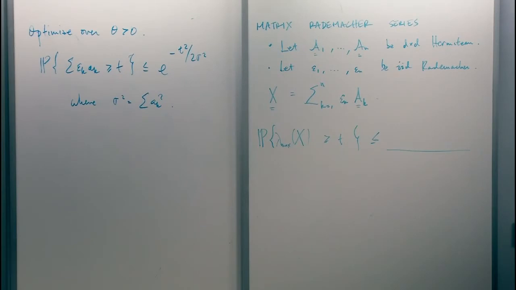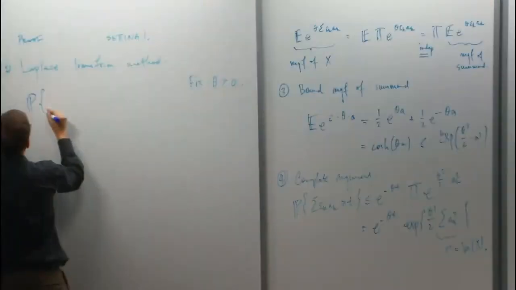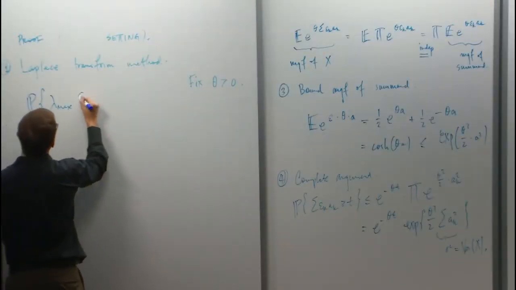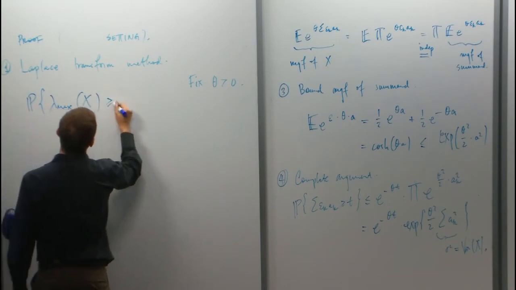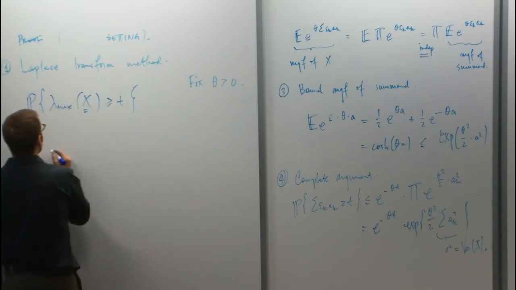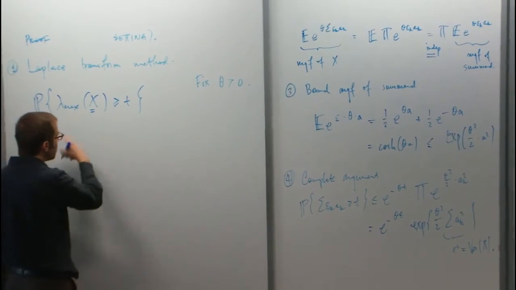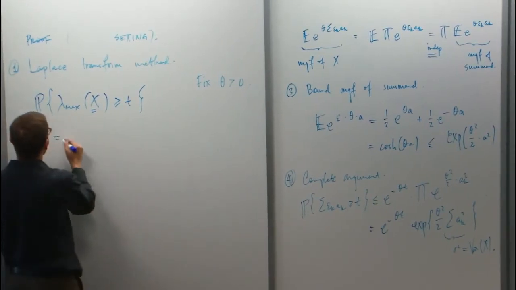So, proof by exponentiation. The probability that the maximum eigenvalue of this random matrix X exceeds t: let's multiply both sides by theta and exponentiate, just like we did a minute ago.